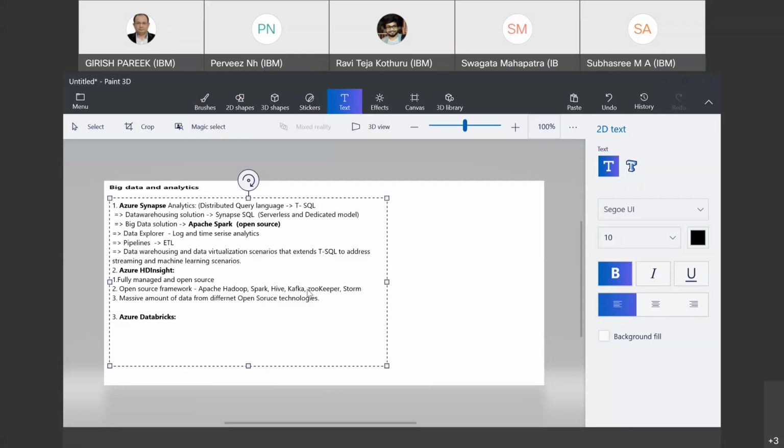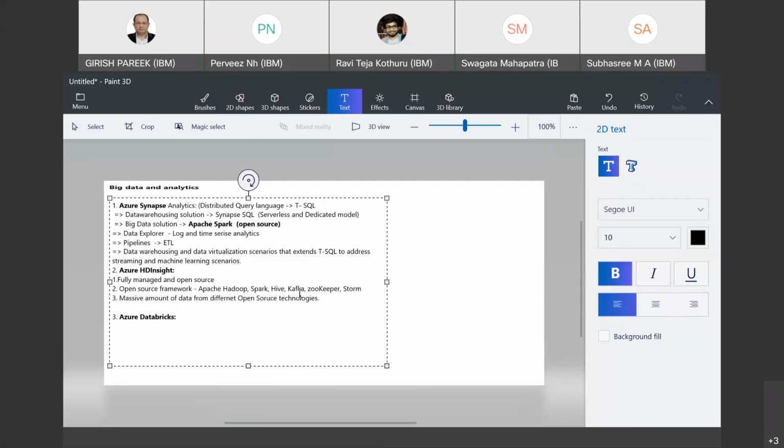Azure Databricks supports several different things, such as Python, Scala, R, Java, SQL, as well as data science frameworks and libraries such as TensorFlow, PyTorch, Scikit-learn, and all those things.